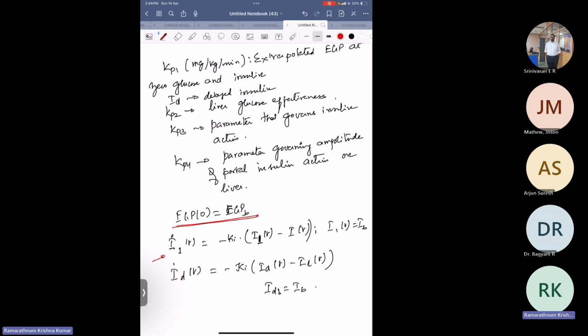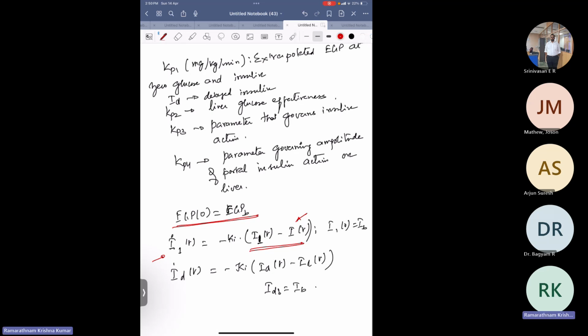So I1 depends upon the difference between the insulin level in that compartment and the insulin that's available at that point of time, at that station.